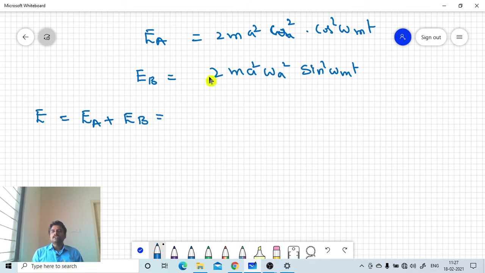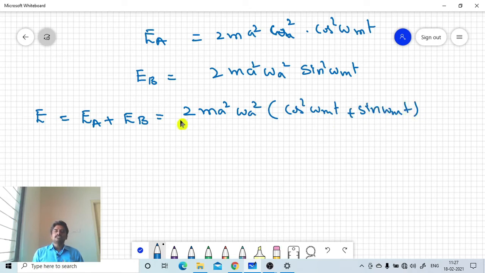These are the constant terms, so we can take 2m a square omega a square as a common term into cos square omega m t plus sin square omega m t. That is the value we will get, 2m a square omega a square. So this is the E value, this constant term is representing E.